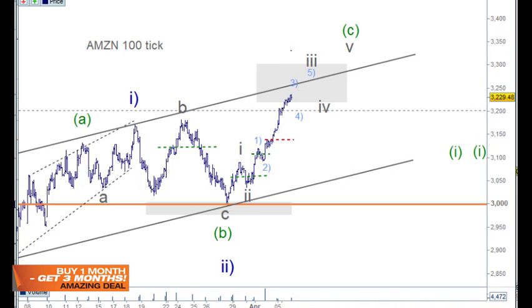I think I might just drop that stop back under this little area through here. It shouldn't be a problem, and these wave 4s here can play out across that level. So we just need to be a bit mindful of those at this point.